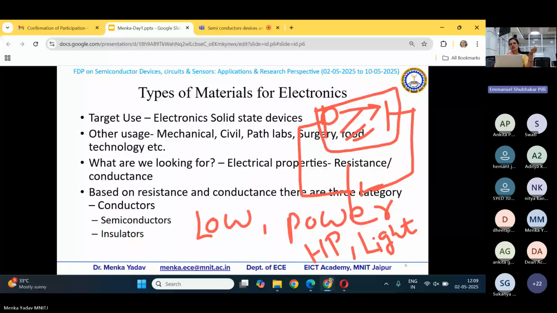Likewise, there are multiple things. For example, we have phones. Phones are low power devices.